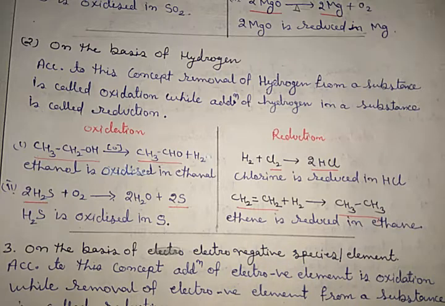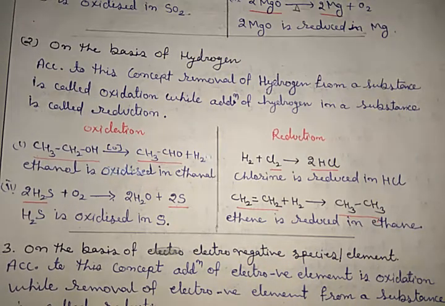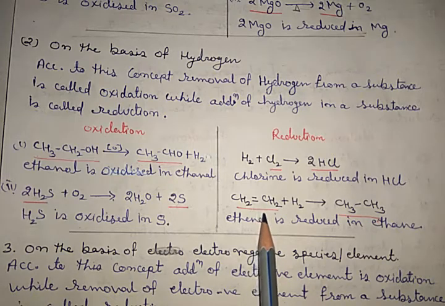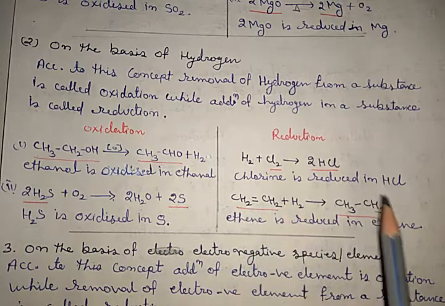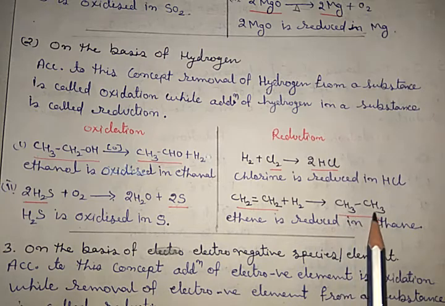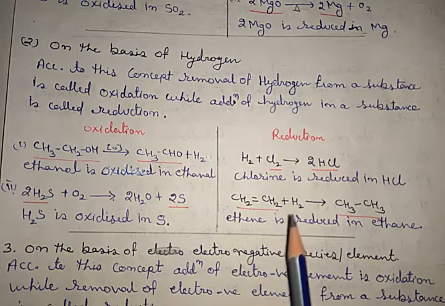Similarly, consider the example of hydrogenation of ethene, CH2=CH2, then ethane, CH3-CH3, is formed. Here hydrogen is added.